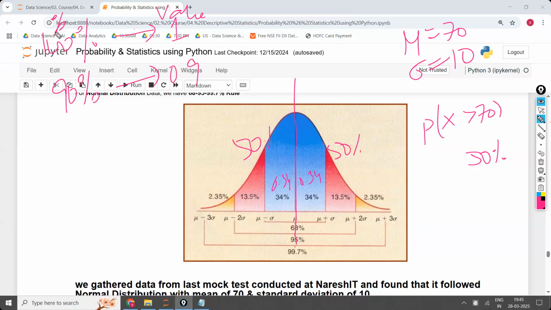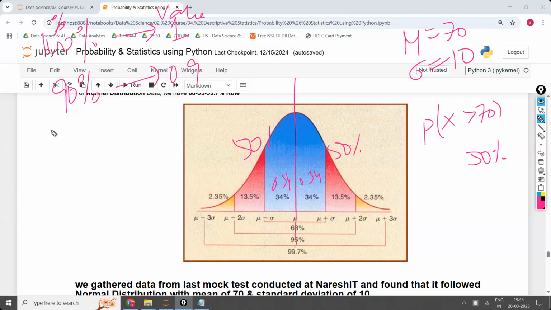What is the total area? 100%, or value wise total area is equal to 1. Value wise 1, percentage wise 100%. Point is clear? Both are not the same. If I write 0.9 here, it means value wise. Don't think 0.9%.